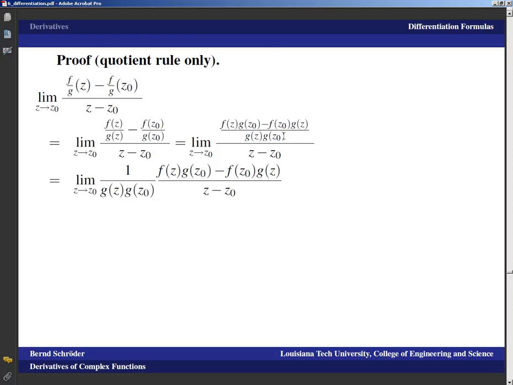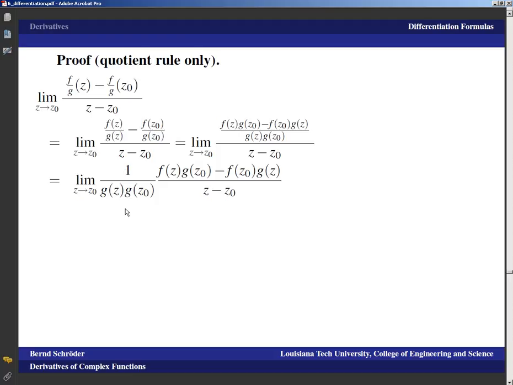And I want to pull the g of z times g of z0 out, so I end up with the limit as z goes to z0 of 1 over g of z times g of z0, times f of z g of z0 minus f of z0 g of z, divided by z minus z0. That's just straight simplification.